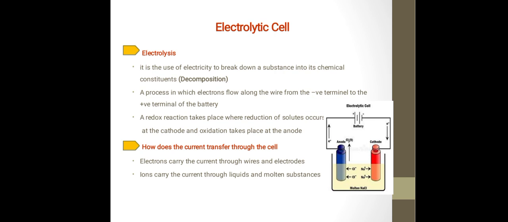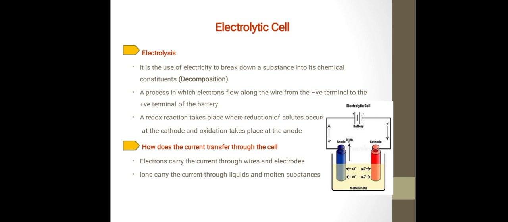Then, how does the current transfer through the cell? In that, we have to know the constituents of the cell. The cell is composed of the wire, the electrodes, and the solution or the molten compound.